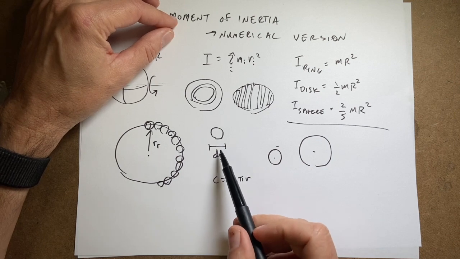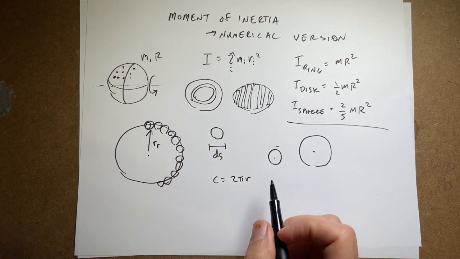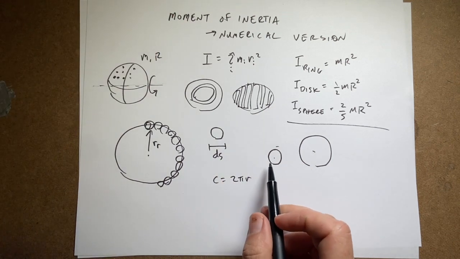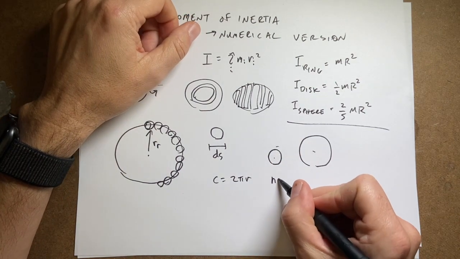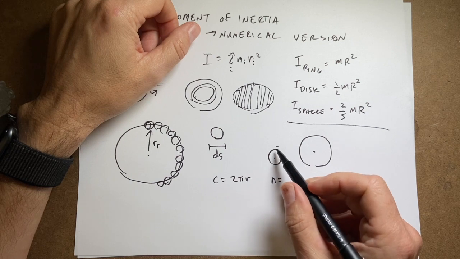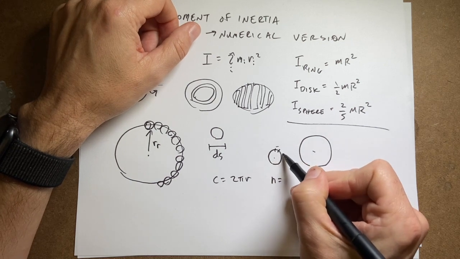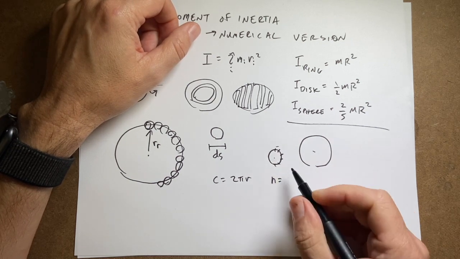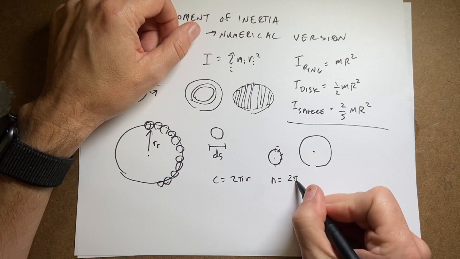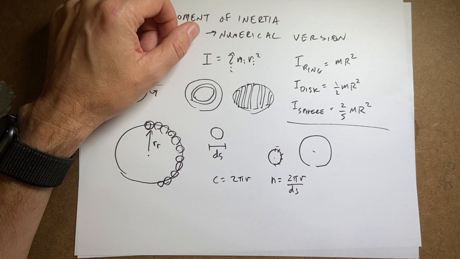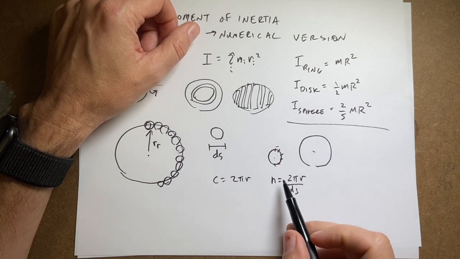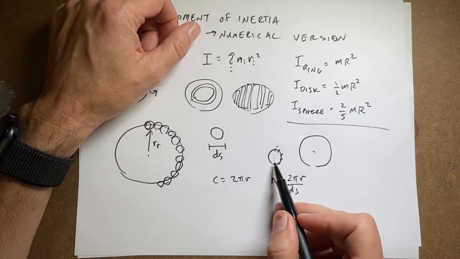And then I want to divide this into pieces, right? So how many pieces would this be broken into? Let's see, n is going to be equal to, if I break this into ds steps, the number of pieces is going to be 2 pi r divided by ds. That'll tell me how many pieces are in that ring.